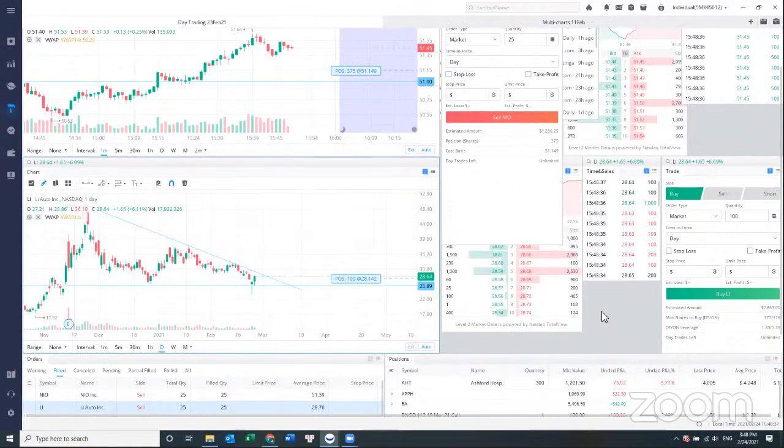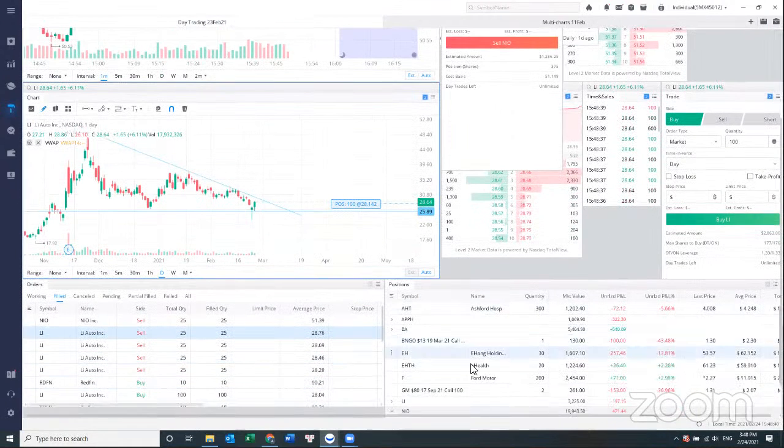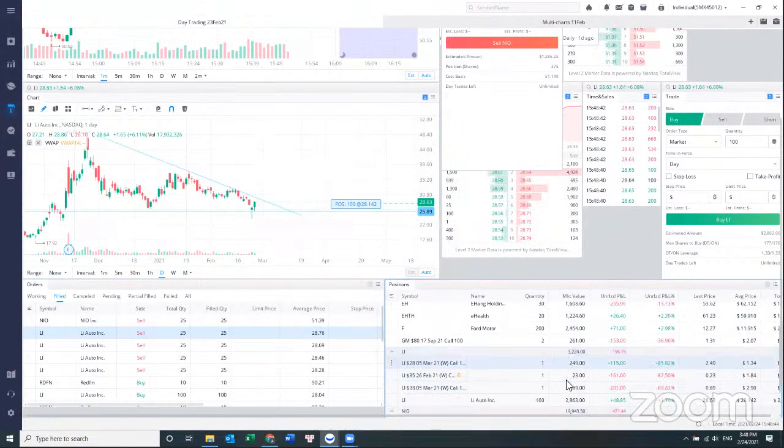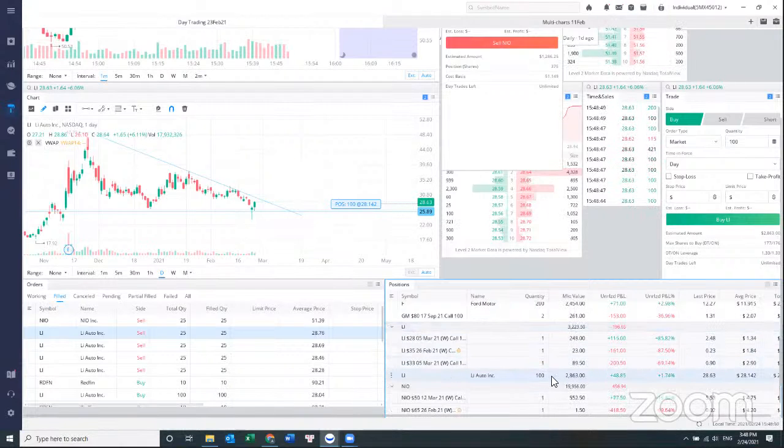Yeah, so I have, let's say in LI, currently $3,000 of asset in LI. I have 100 shares holding that. I have 3 calls, two of which probably I'll lose money because I've lost, like 80% of them.